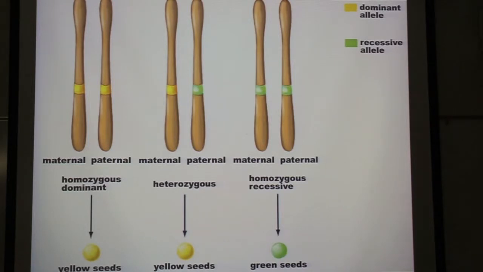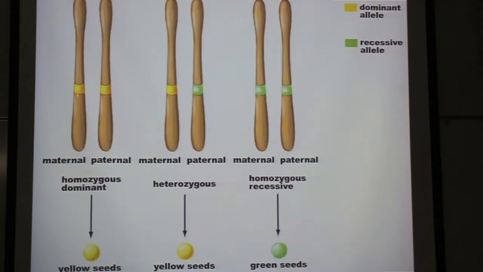And you should realize that these are traits or sections of DNA that are found on chromosomes. So these represent chromosomes, and that yellow there is designed to represent a piece of DNA that codes for the gene that makes something yellow.